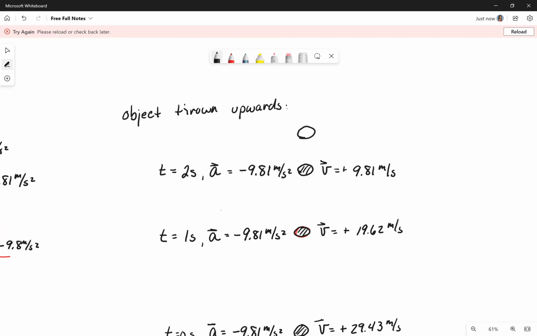In this case, since I started with exactly the right number I needed, I would stop at exactly 3 seconds with a velocity equal to 0 meters per second, right? So an object thrown up is going to go up and up until it stops, and at that point where it stops, it must turn around.